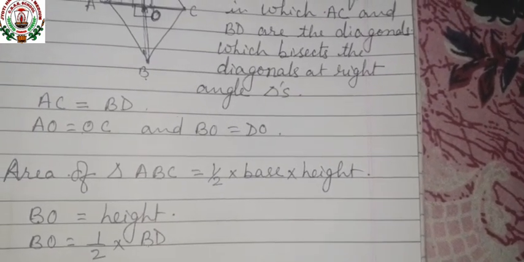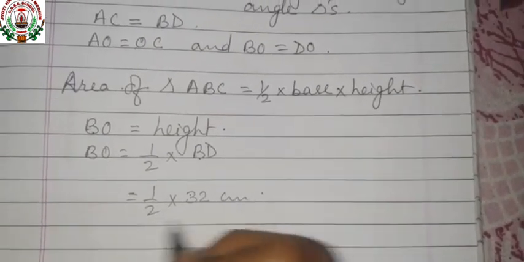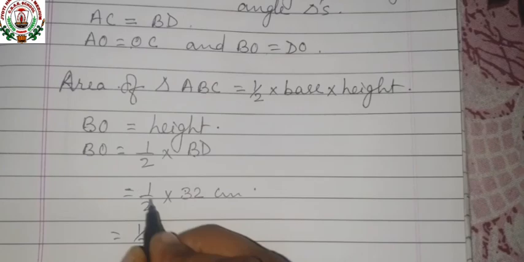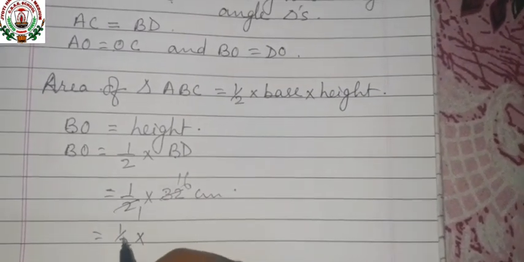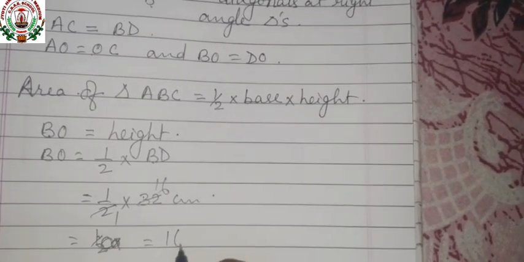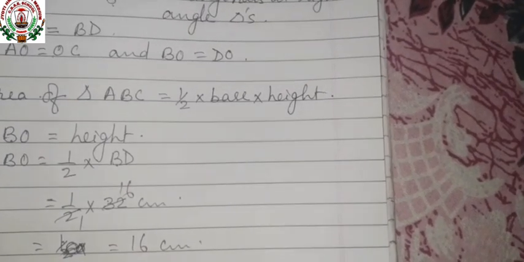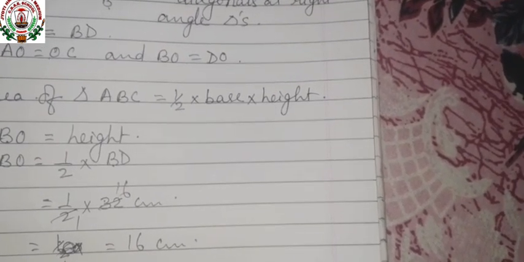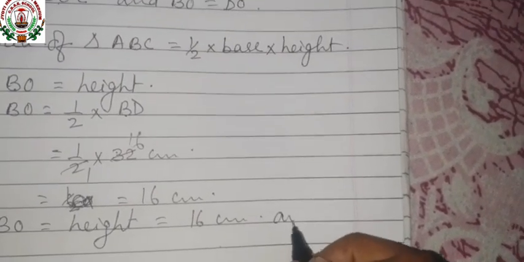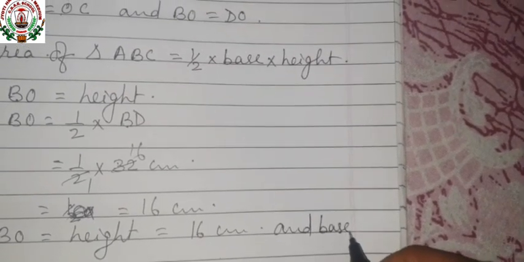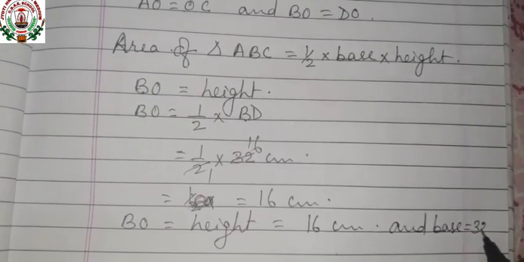So now putting the values, we get half into 32 cm. Cancel it off, 2 ones are 2, 2 sixteens are 32. So here directly we can write 16 cm. So now BO equals to height equals to 16 cm, and base is given as how much? Base is the other diagonal, so that is equals to 32 cm.